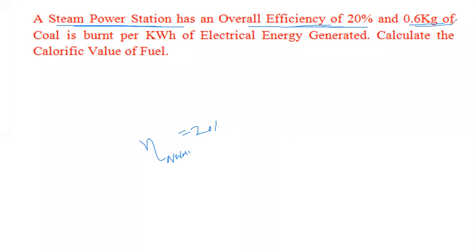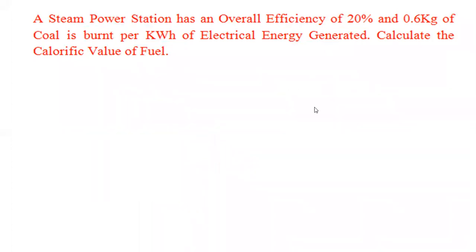And 0.6 kg of coal is burned per kilowatt hour of electrical energy generated. When we generate 1 kilowatt hour of energy, the coal utilized is 0.6 kg. Here we want to find out the calorific value of the fuel.